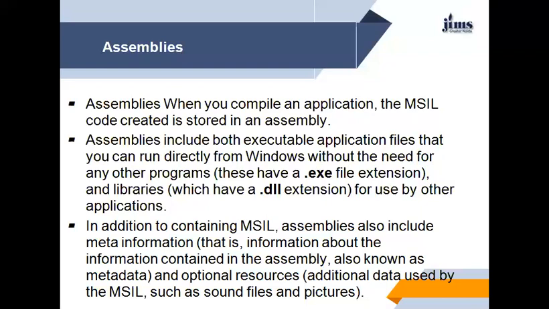So the information about a particular data is also stored by this.